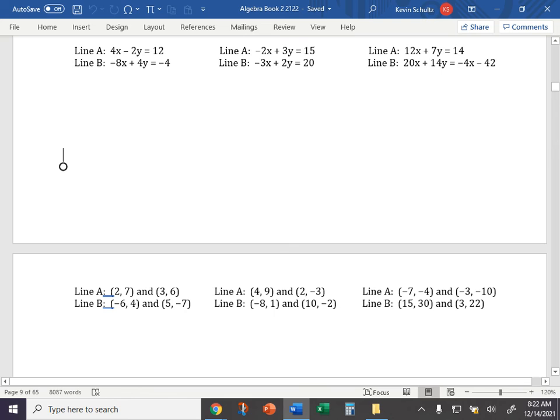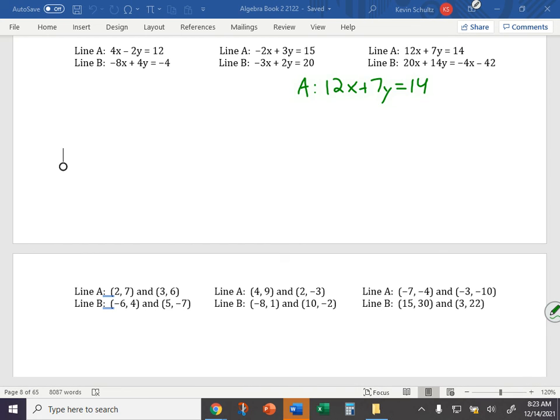All right. So for line A here, we've got 12x plus 7y equals 14. We do need to convert this into slope intercept form. So we're going to subtract 12x from both sides. That gives us 7y equals -12x plus 14.